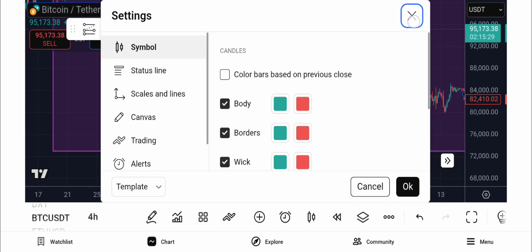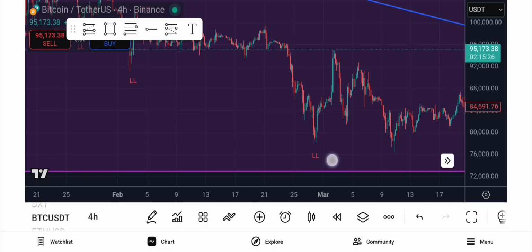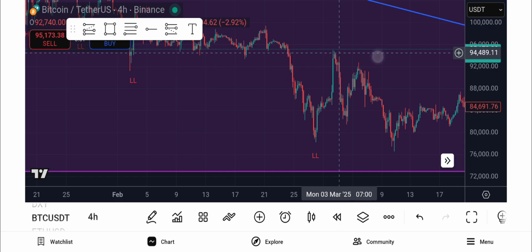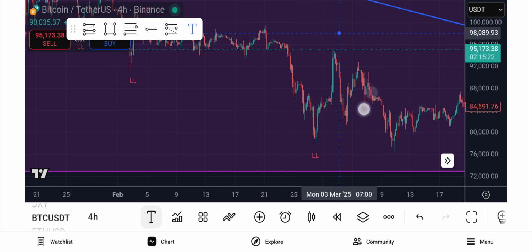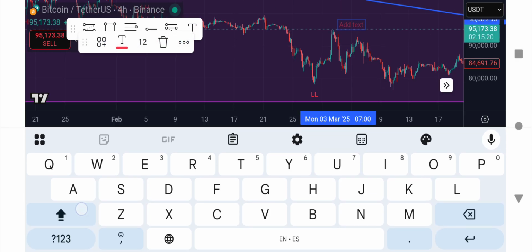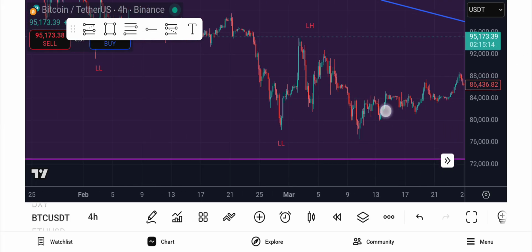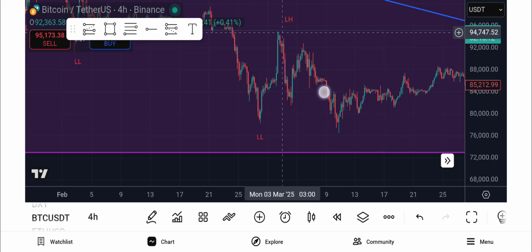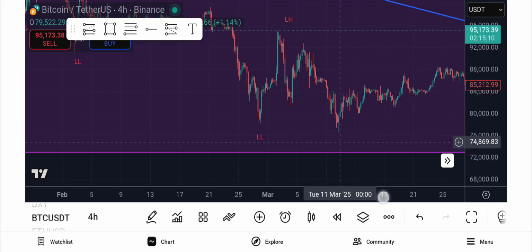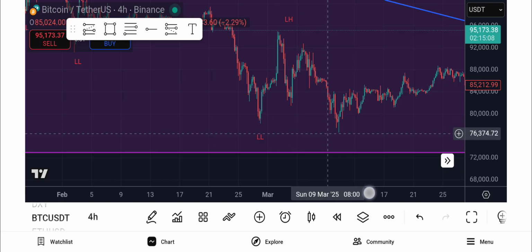Then what does the lower low do? It came back up here, lower high. Then this lower high here broke this lower low. Look, see, it broke it. So now it's what?